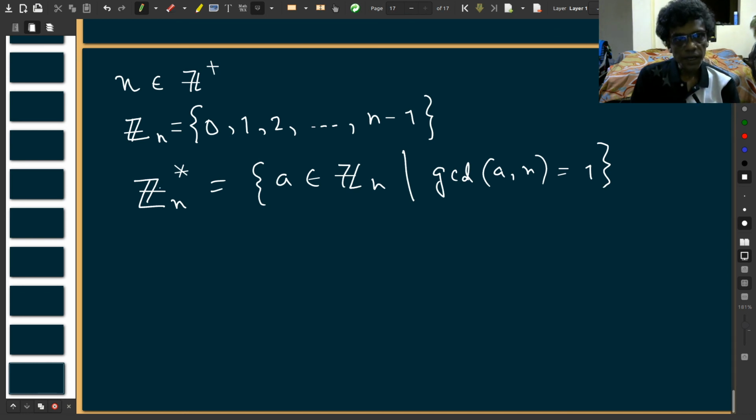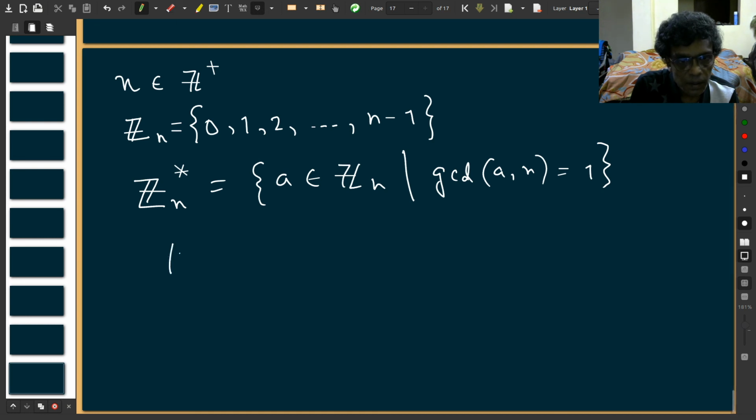It turns out that these two sets are very, very important, in particular in cryptography, computational number theory, and many other places. For example, RSA involves this, Diffie-Hellman involves this. There are lots of applications in cryptography. In particular, I ask the question, how many remainders are coprime to n?